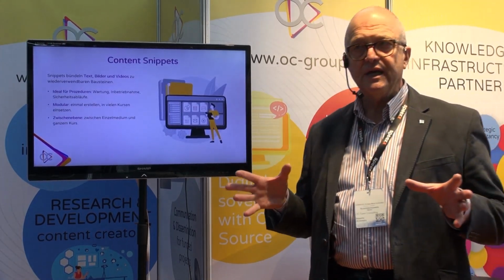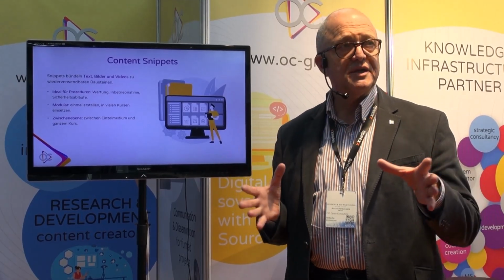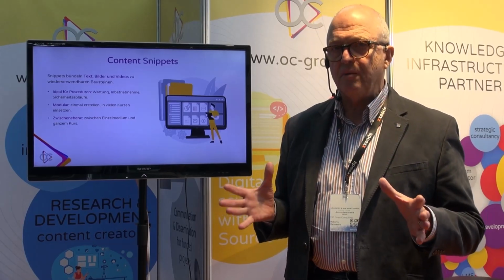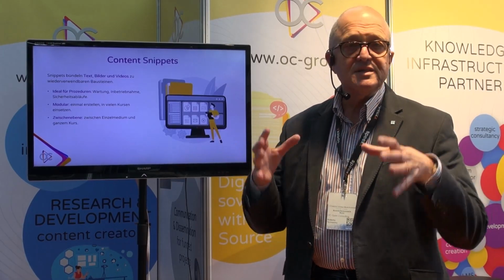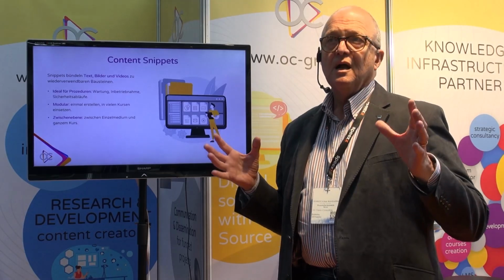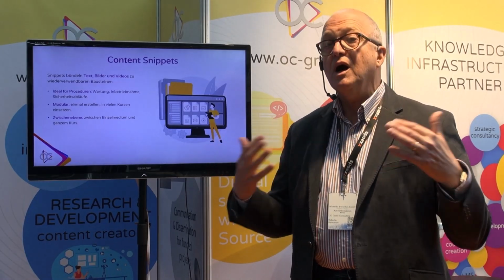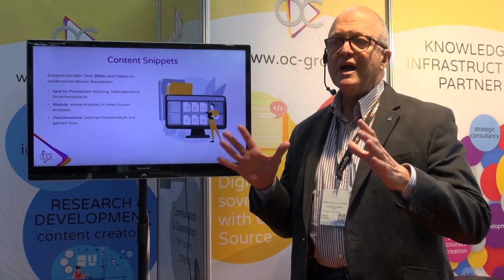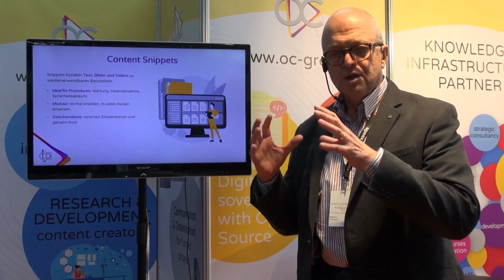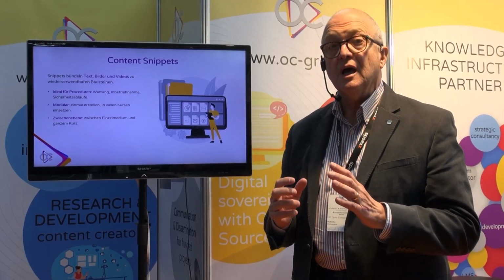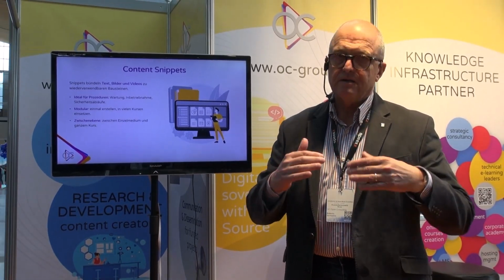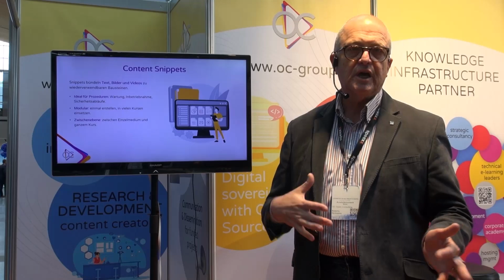Another big advantage of ILIAS with technical contents is to have the content snippets. That means that you have a single element of content containing multiple elements. So it can be used for a procedure. You may have not only a single training element for a component, but you can have it also for a procedure. For example, a safety procedure containing text, video, and images.